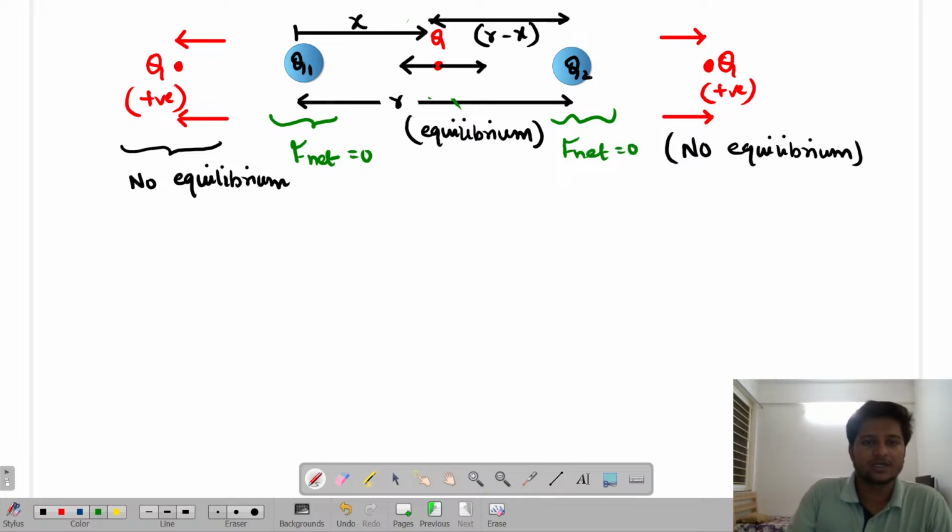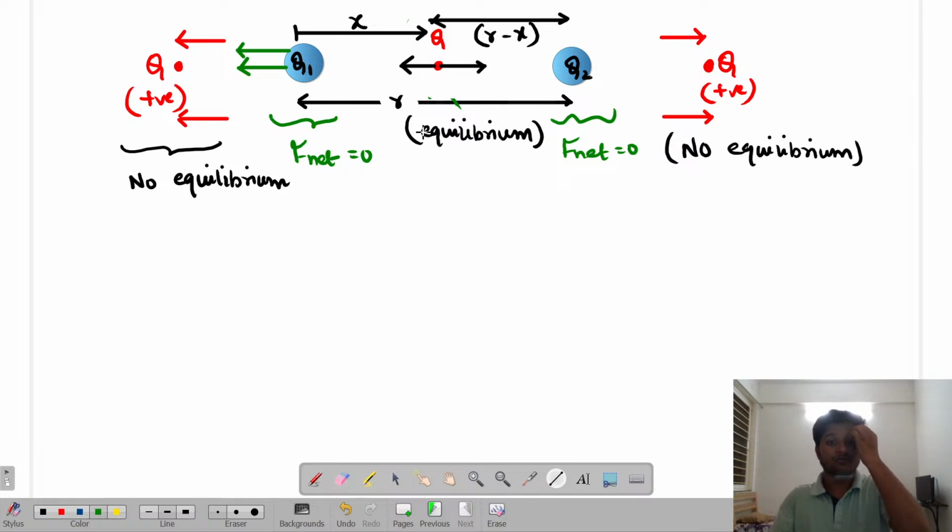So let's suppose if I consider Q1, then Q1 is experiencing two forces. One from Q2, another from capital Q, isn't it? Are you able to get me? So this actually also gives you the idea of what can be the sign of capital Q which is placed over here. Now you can see that if I just draw these directions of forces on both these charges, these directions are actually repulsive in nature, isn't it?